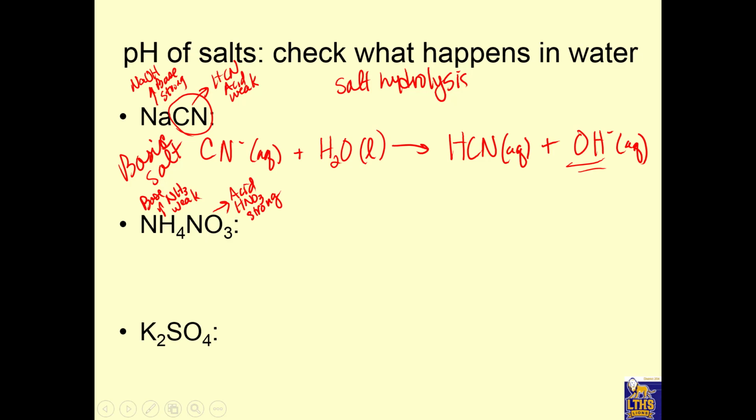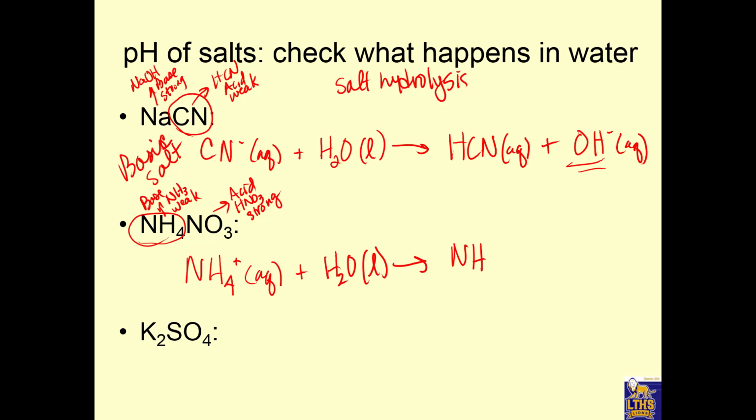So when it gets hydrolyzed, the part of it that is affected is the weak part, the conjugate acid. NH4+ gets hydrolyzed in water, and it then turns into NH3, which is aqueous, and H3O+. So when ammonium nitrate gets hydrolyzed, acid forms, and so ammonium nitrate is an acidic salt.